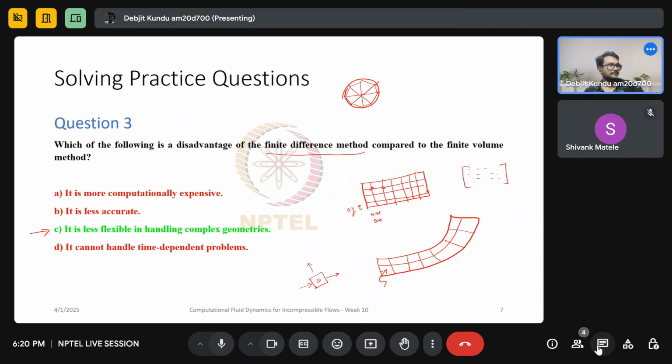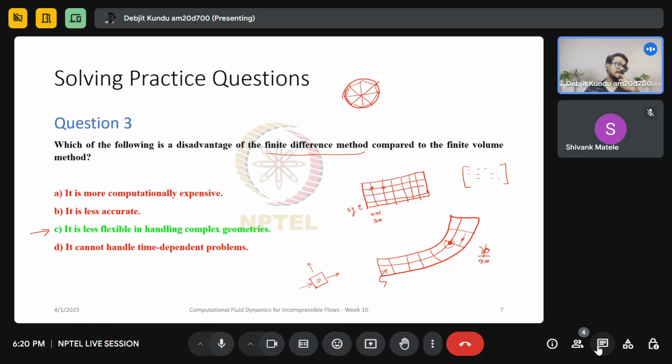So let's say using a finite difference method, you need to find out what is the ∂φ/∂x at this point, versus in a finite volume method, you're trying to find out what is the ∂φ/∂x within this control volume across, maybe these two surfaces. All that becomes much easier.